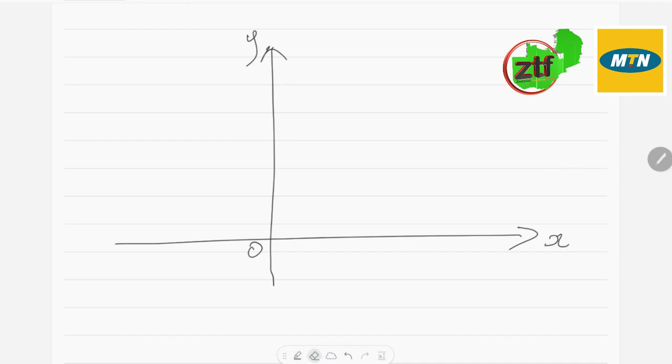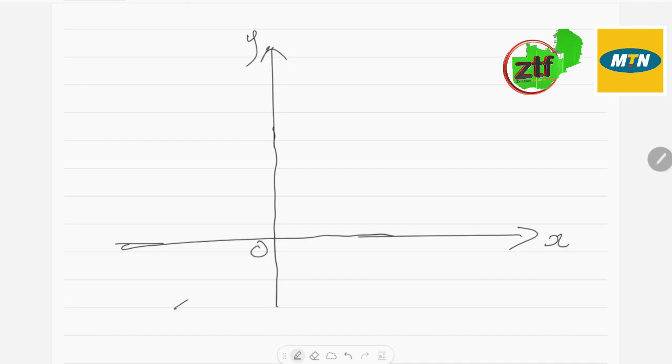A line that slants from bottom left to top right has a positive gradient. You need to know that. We have our xy plane, which is the Cartesian plane. So the line that slants from bottom left to top right has a positive gradient.